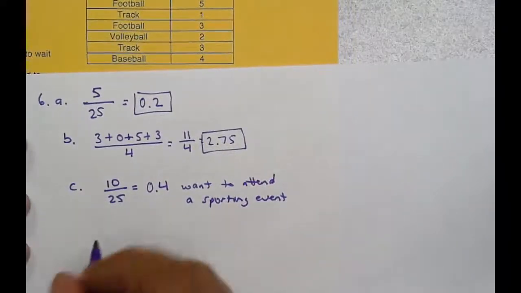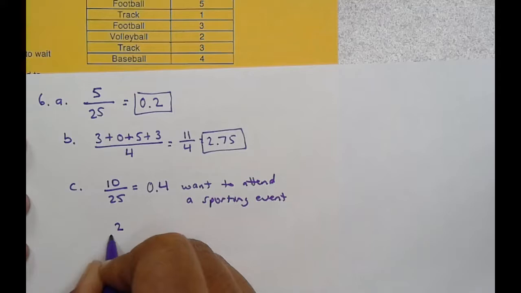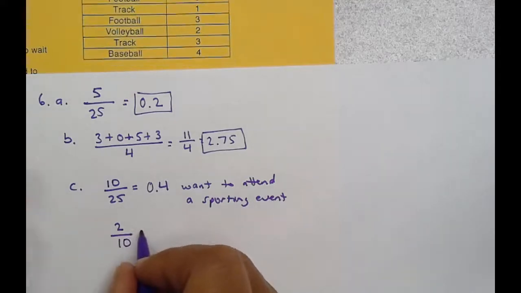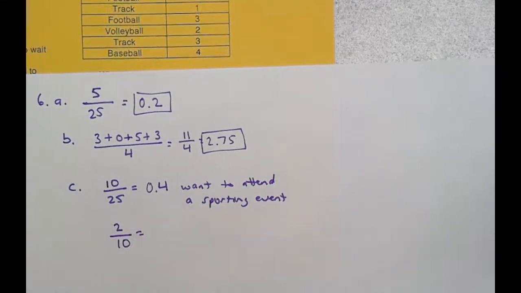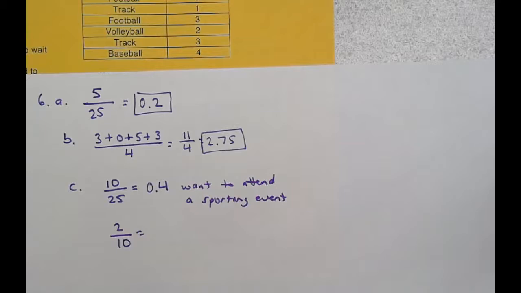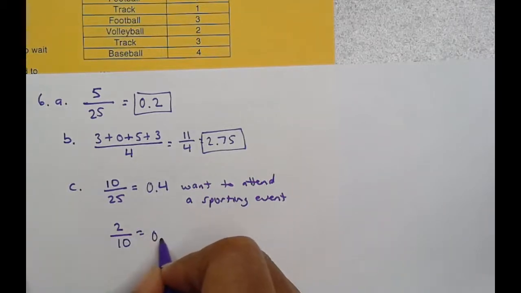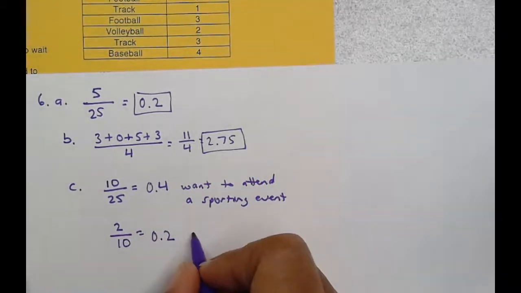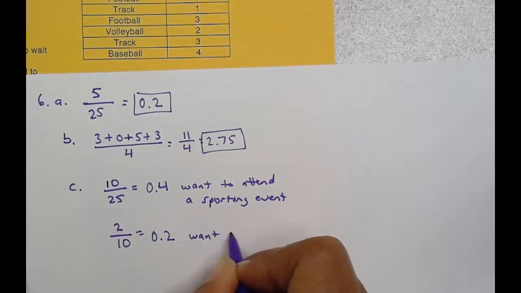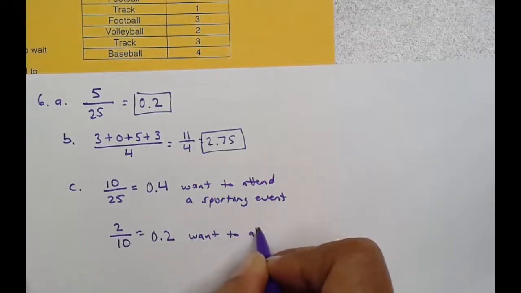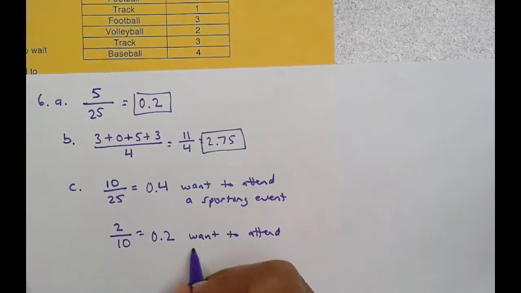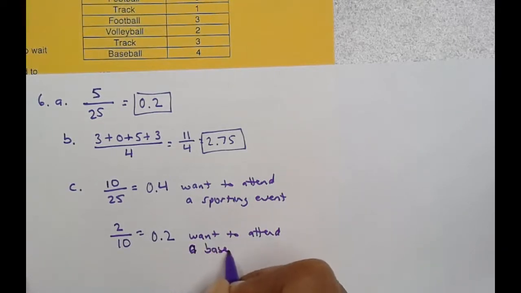So we're talking about 2 out of the 10 that wanted to go to a sporting event. So that's going to get you a total of 0.2 that actually want to attend a baseball game.